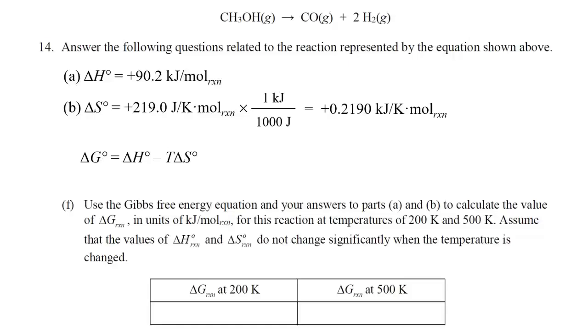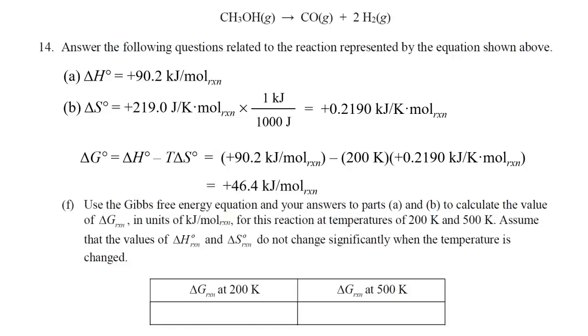Now we can assume that the values of delta H and delta S do not change significantly when the temperature is changed. So I'm going to plug in the same value of delta H that I got from part A and the same value of delta S that I got from part B, but the temperature is not 298 kelvins, now it's 200 kelvins.